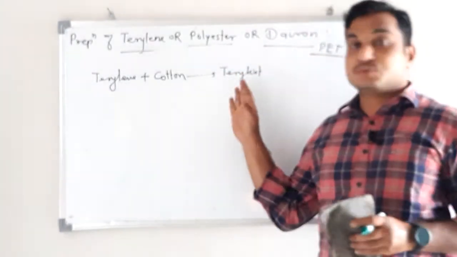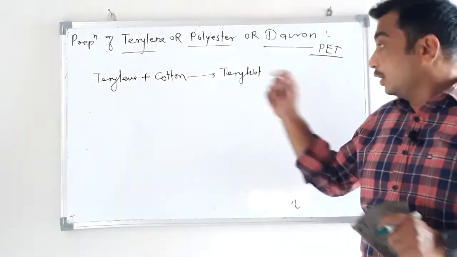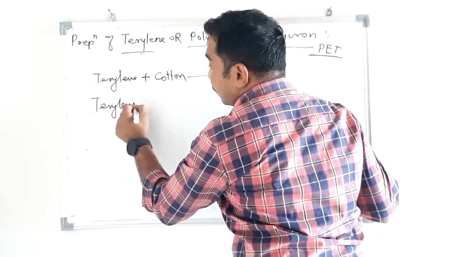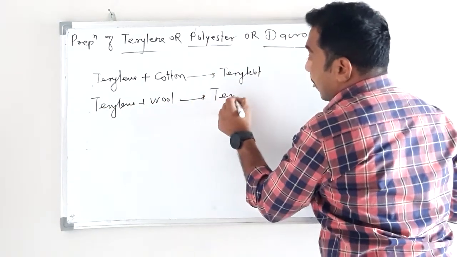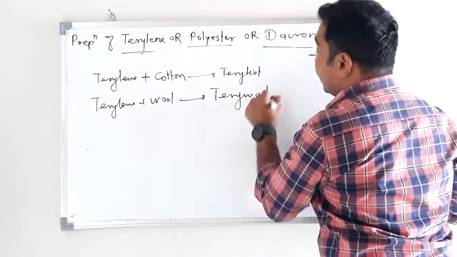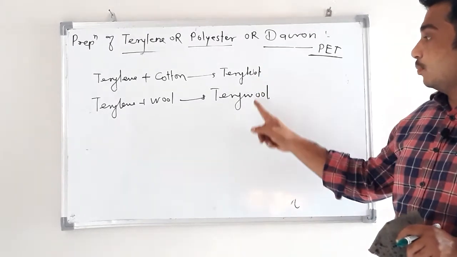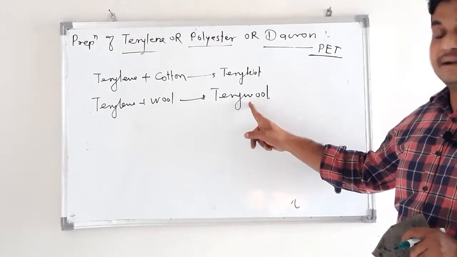I think we have heard this word, terrycot fabric, okay, wrinkle free fabric, terrycot. And if we blend this terylene with wool, then it will give terry wool. This is another type of polymer, okay, and terrycot and terylene are very, very important and useful.